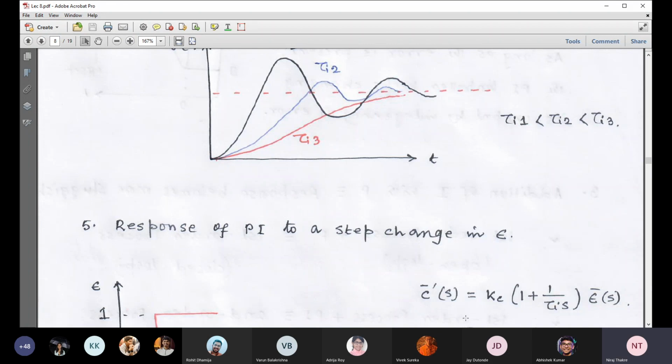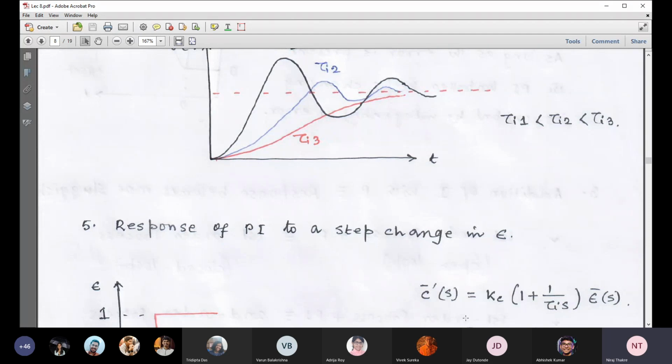Kc into 1 plus t by tau I. Yes, correct. Roll number? 19CH10061. Tridipta Das.